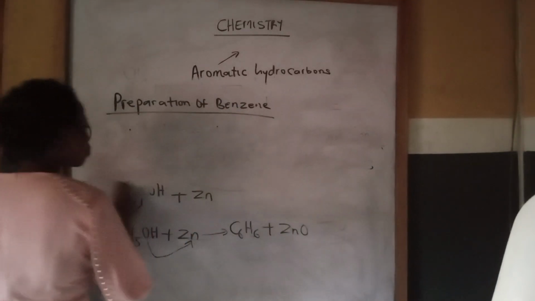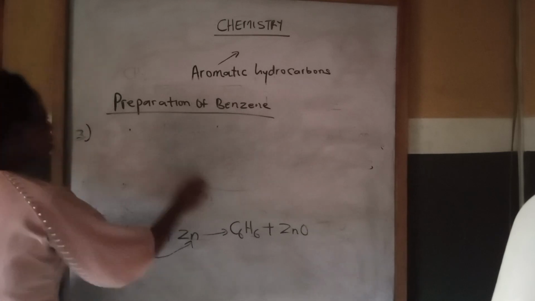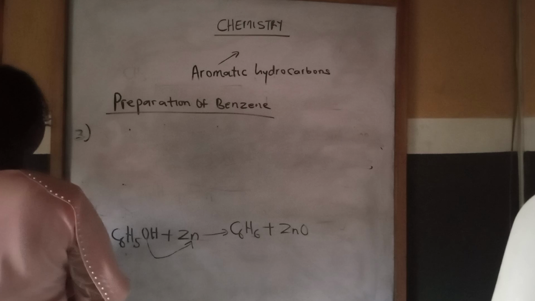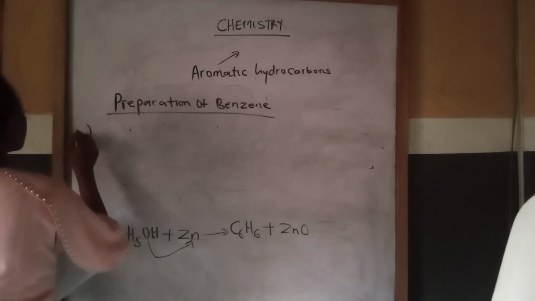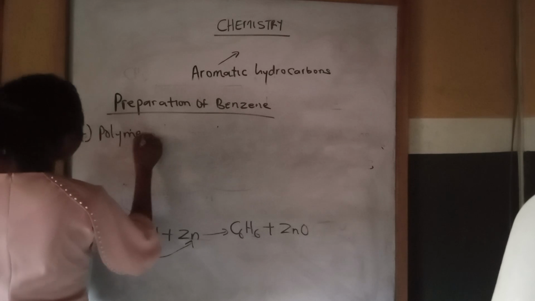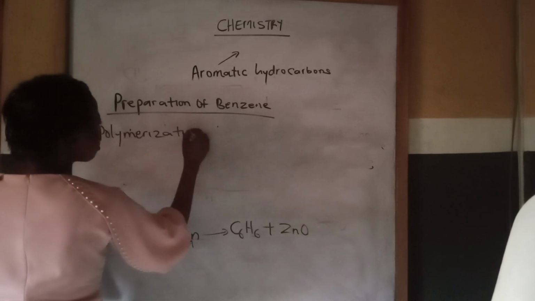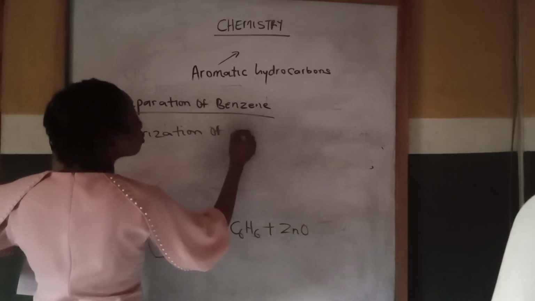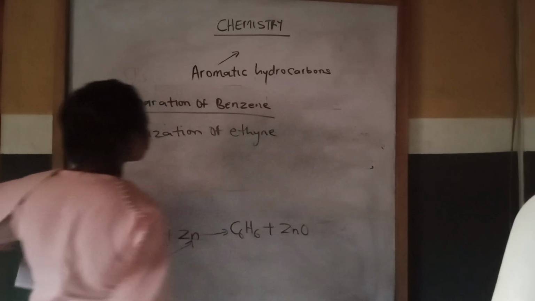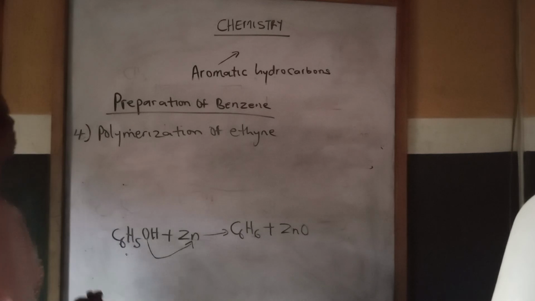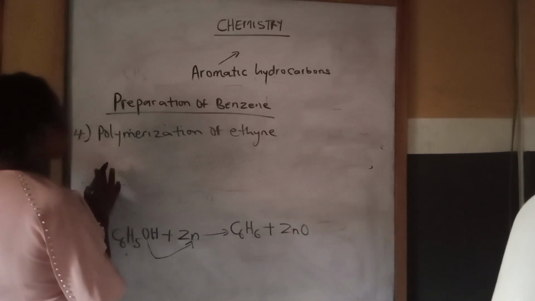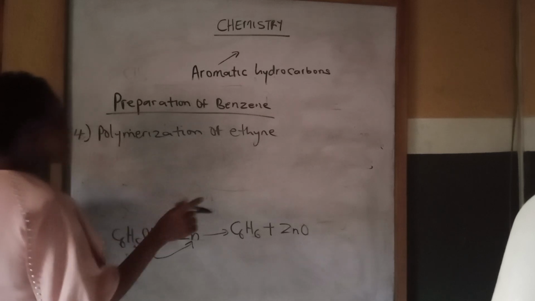Polymerization of ethyne means when more than one molecule of ethyne join or link together.